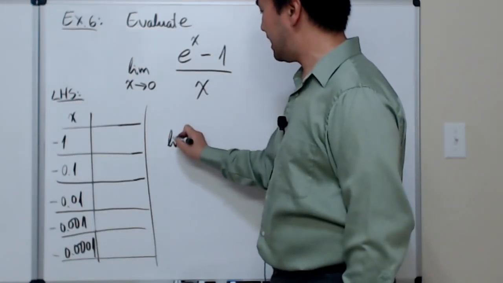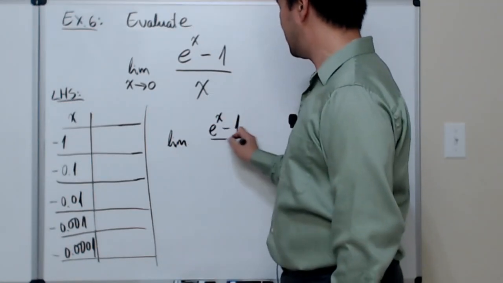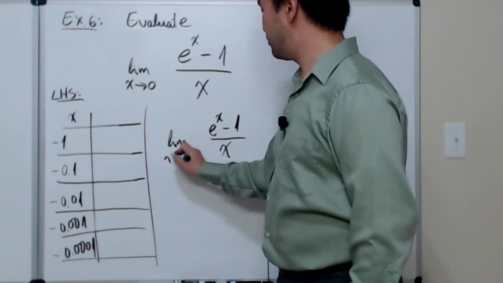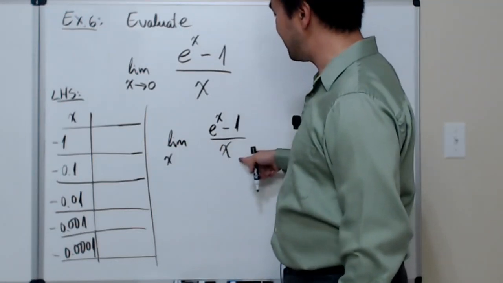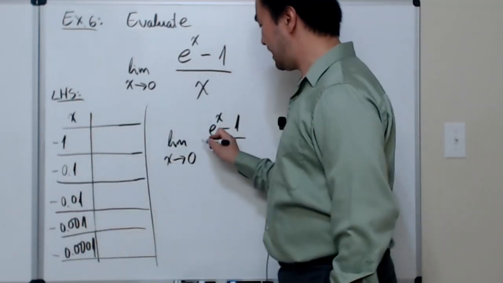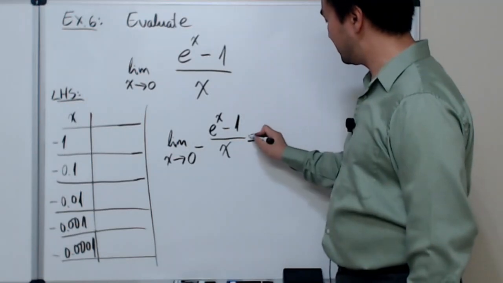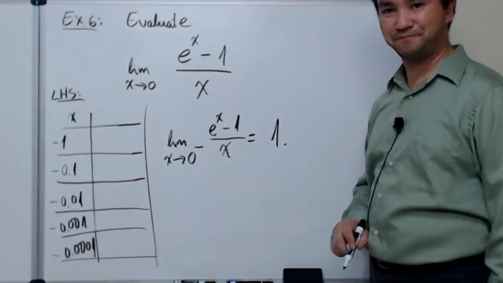I'm predicting that for this function e to the x minus 1 over x, finding the limit as x gets close to 0 from the left-hand side, this limit will turn out to equal 1.